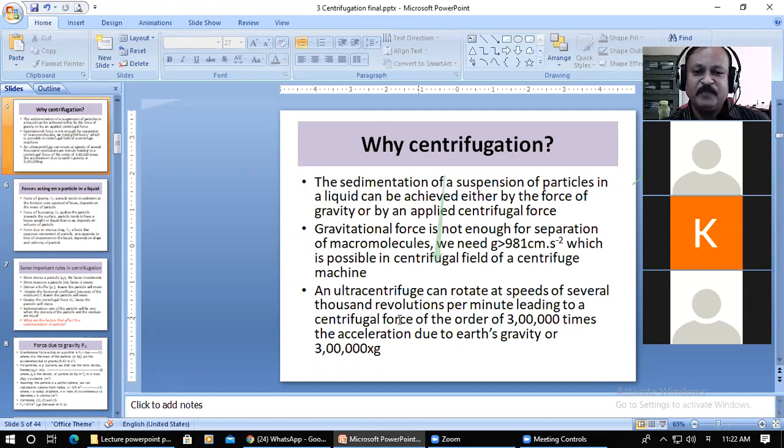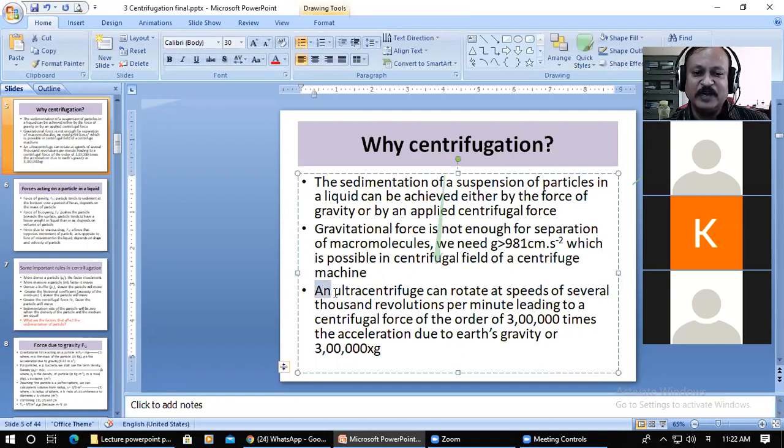As an example, if we are using an ultra centrifuge which has a very high speed, of several thousand revolutions per minute, that leads to an RCF of about 3 lakh times the acceleration due to Earth's gravity, so that is 3 lakh into G, or sometimes even more than that.